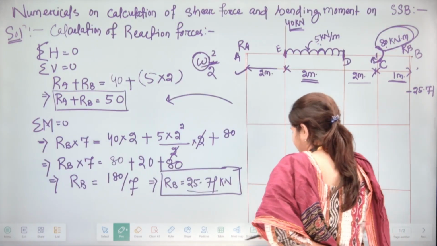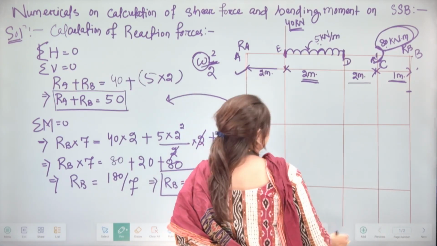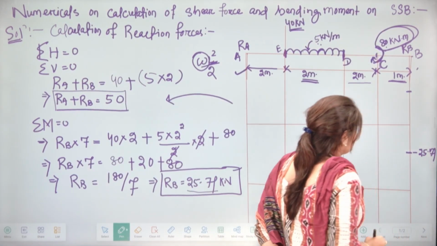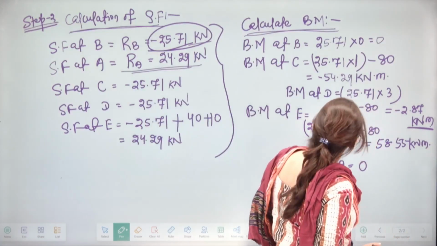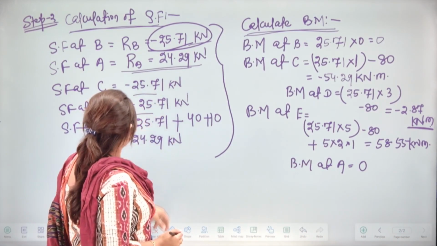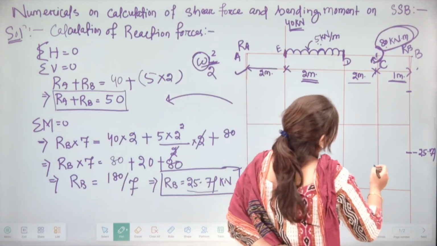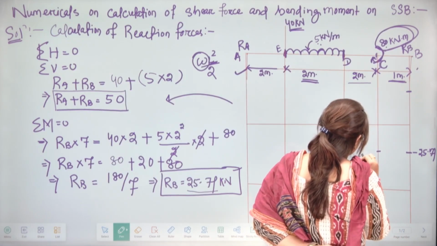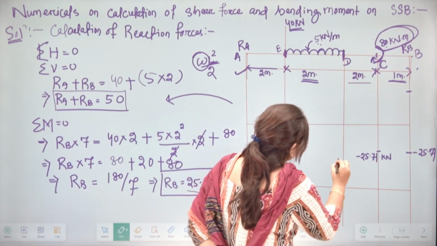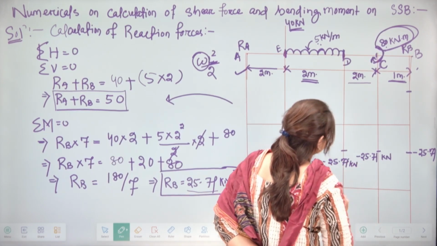Then next minus 25.71, minus 25.71 kilonewton.